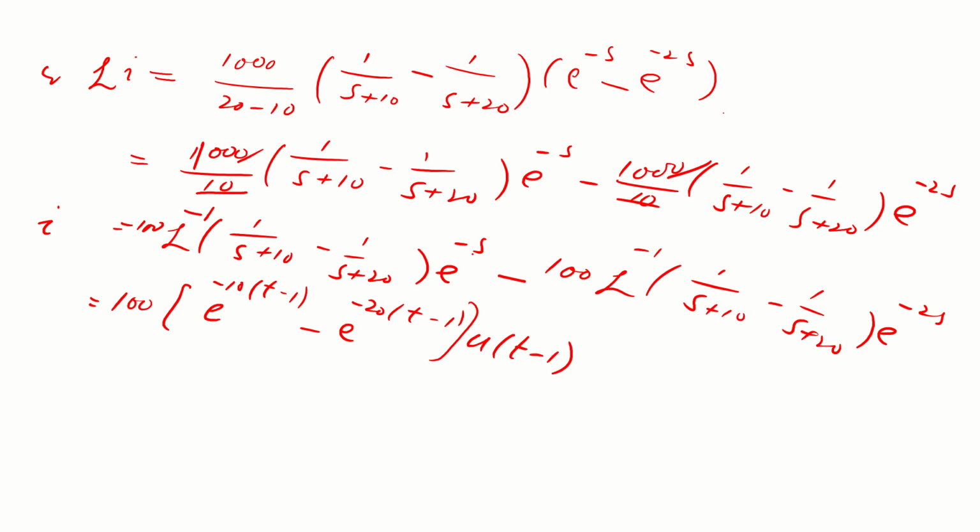It is because of this e power minus s. Similarly, 100 times e power minus 10 into (t minus 2), because of this 2, minus e power minus 20 into (t minus 2), multiplied by u(t minus 2).